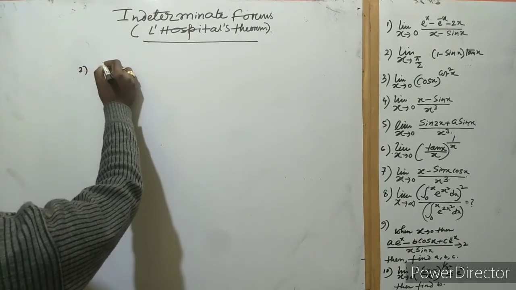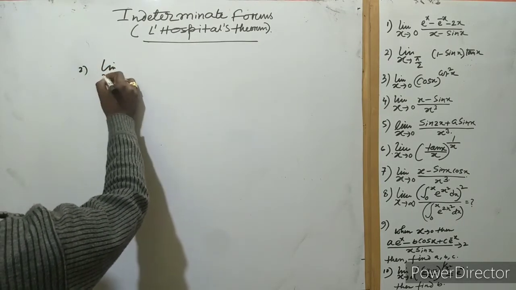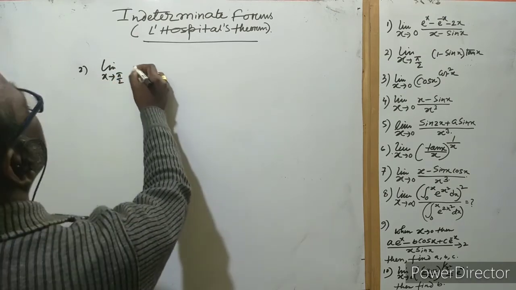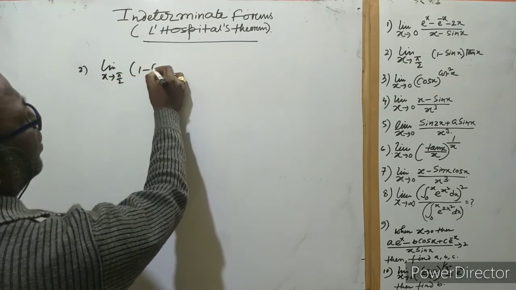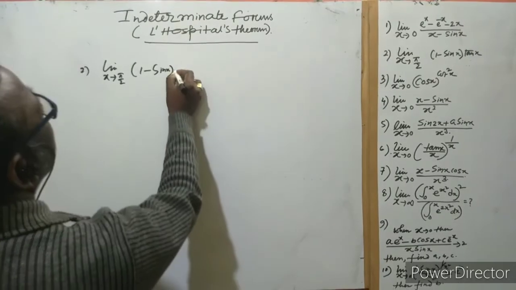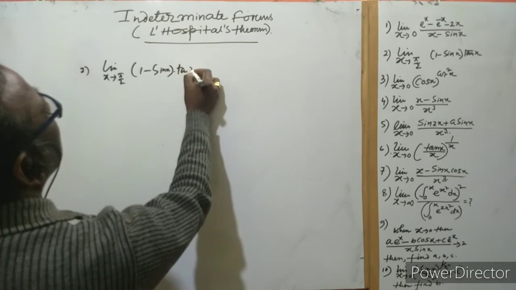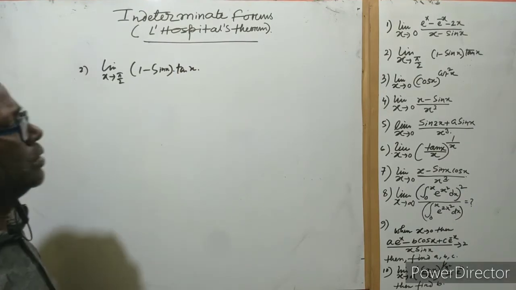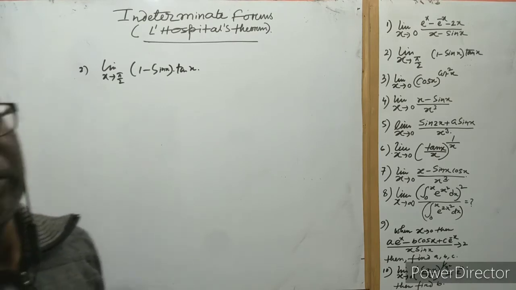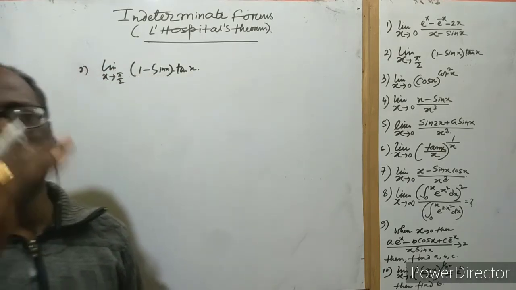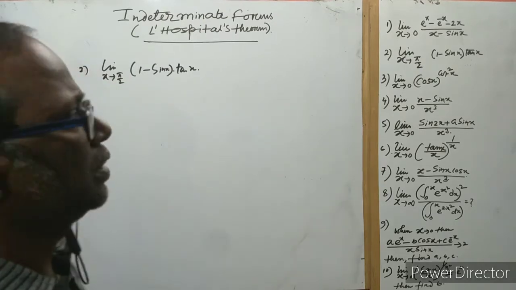Here is the limit x tends to pi by 2 of 1 minus sin x into tan x. We need to convert it into the pattern of 0 by 0 or infinity by infinity, and then differentiate.